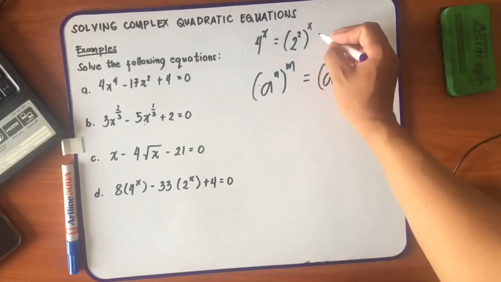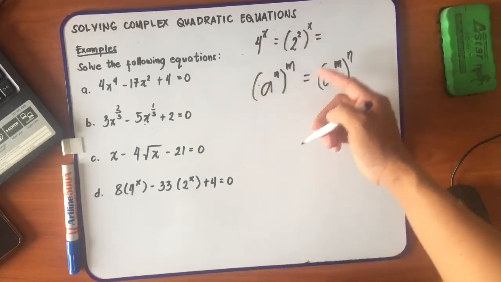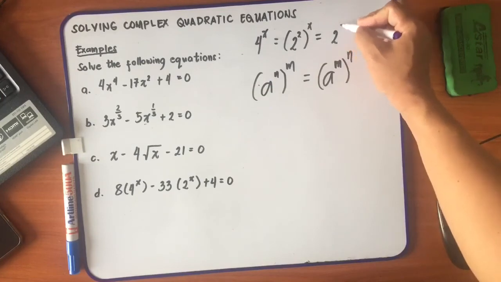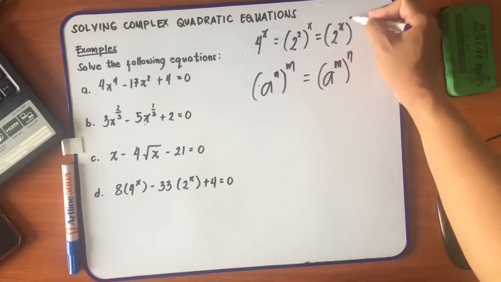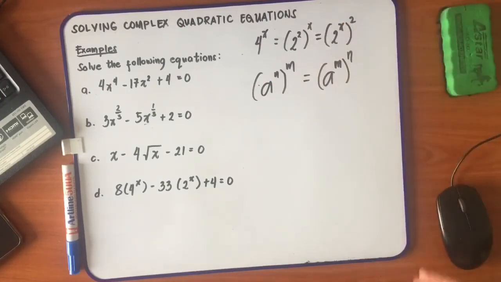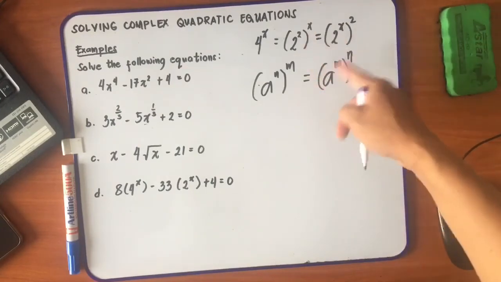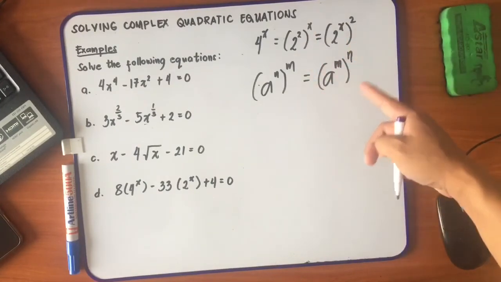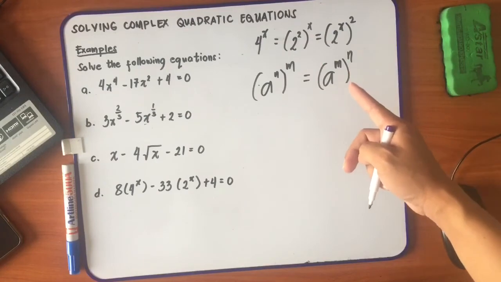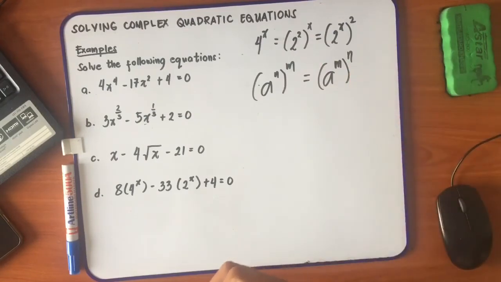So 4 to the power of x can also be written as 2 to the power of x, to the power of 2. These are basic things that you should know, and we've learned this with the laws of indices.